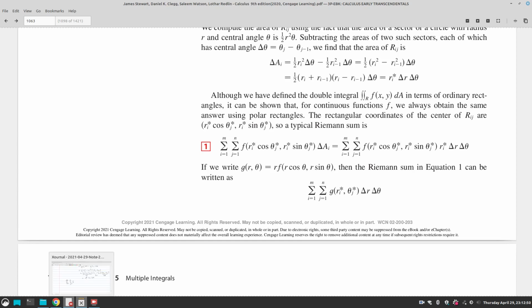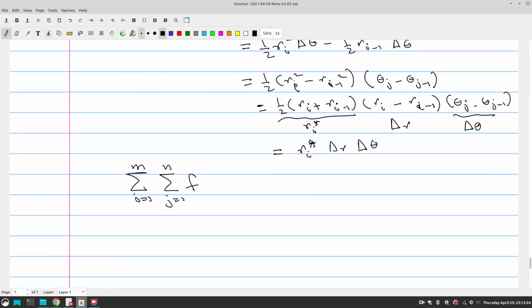So the approximate area of a region in polar coordinates equals f of Ri star cosine theta j, Ri star sine theta j, times Ri star delta R delta theta.